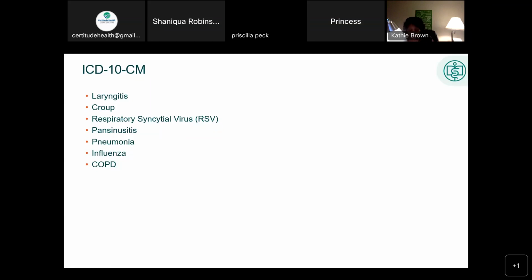You have your default code of influenza, which is J11.1. But if they had the flu with digestive manifestations, that would be the flu with diarrhea, then your code would be J11.2. If you had the flu with enteritis or gastroenteritis, because entero refers to the intestines, that's still diarrhea.